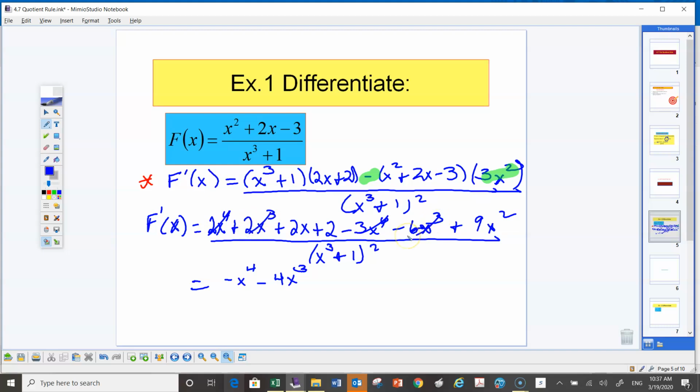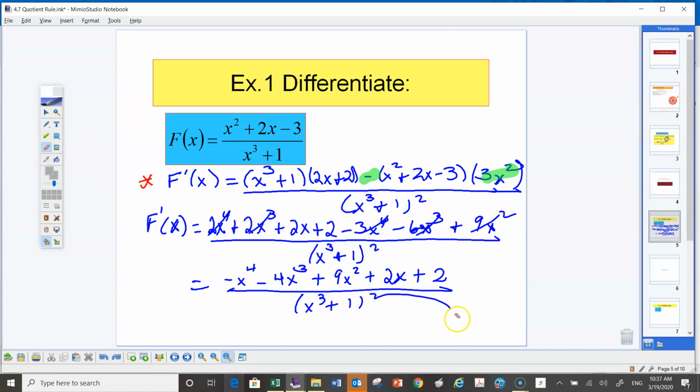That gets rid of those. I have a 9x squared plus 2x plus 2, and this is all divided by my denominator of x cubed plus 1 all squared. And that would be my final answer.